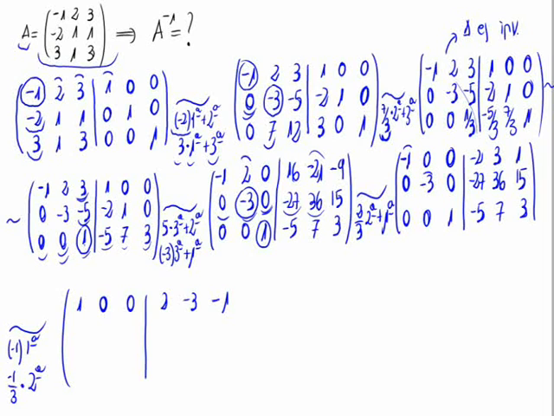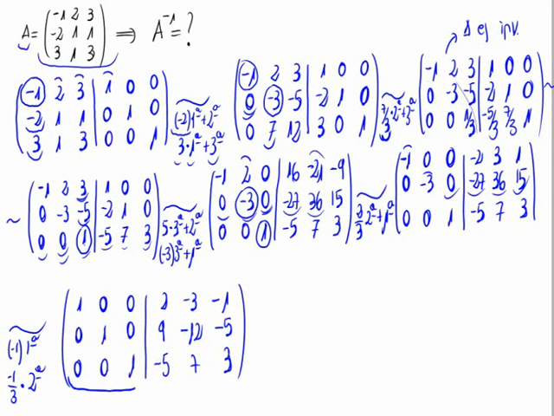And the second row times -1/3 would be 0, 1, 0, 9, -12, and -5. Now what we do is we copy the third row. We have obtained the identity matrix in the first block.